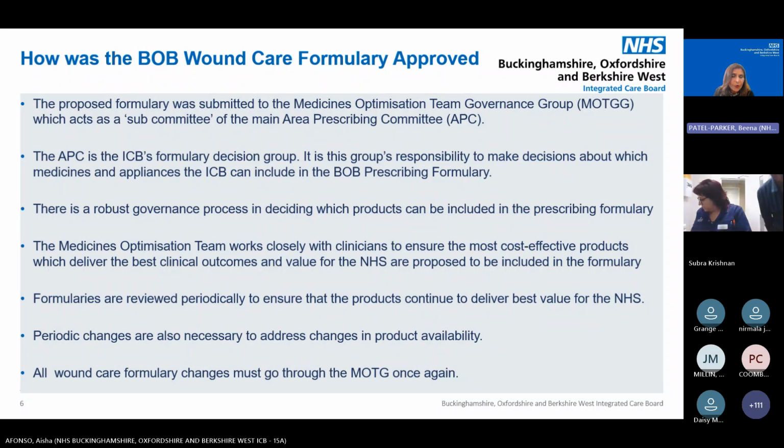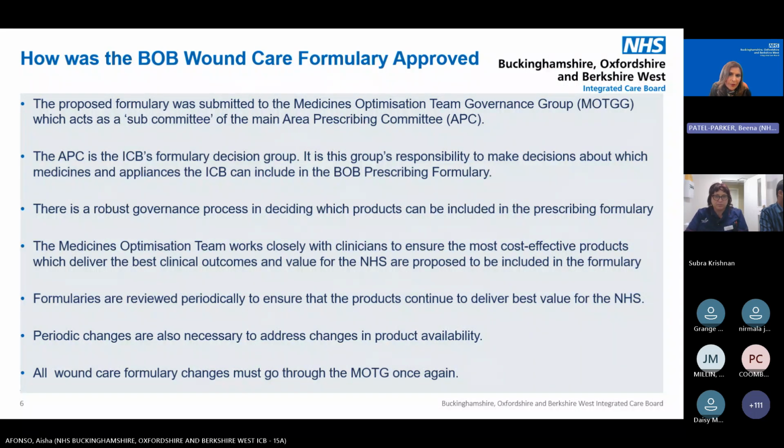In devising the formulary, the medicines optimization teams work closely with clinicians to ensure that the most cost-effective products, which deliver the best clinical outcomes and are value to the NHS, are proposed to be included in the formulary.